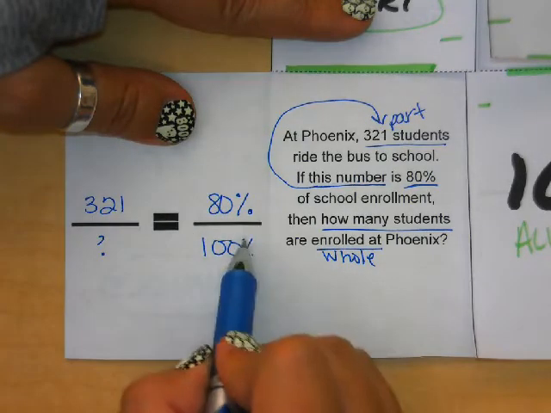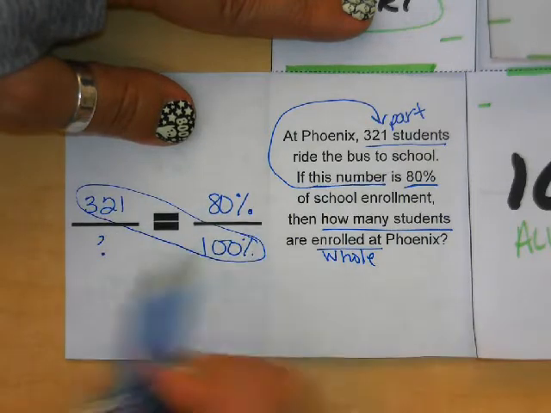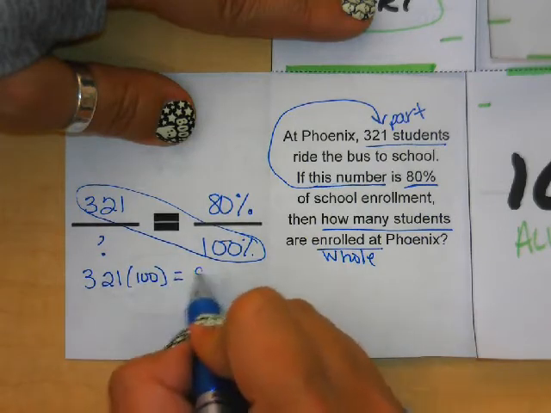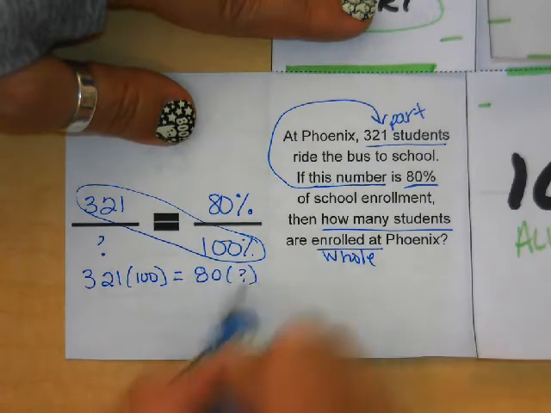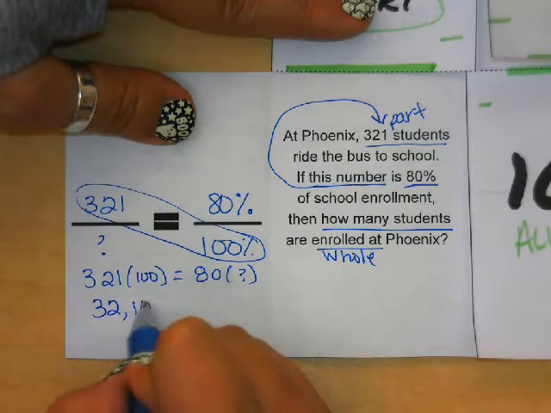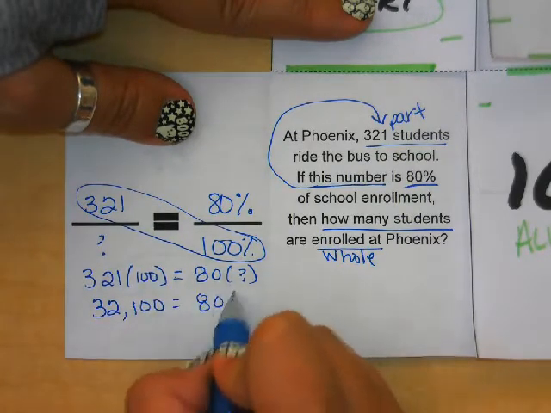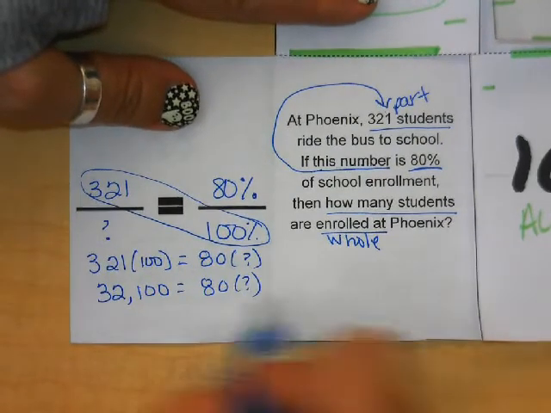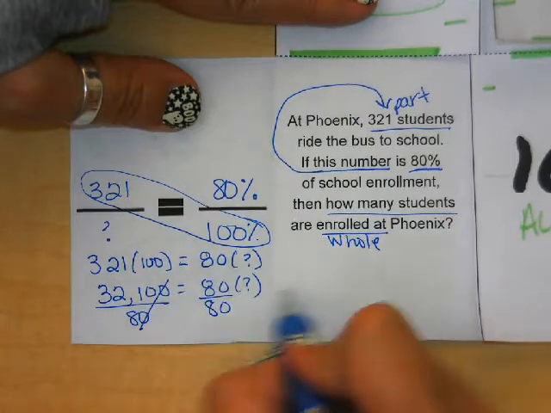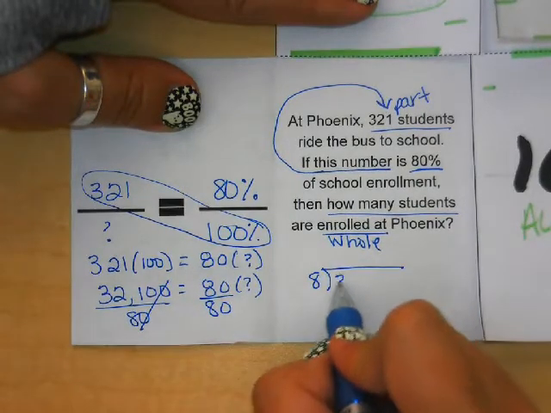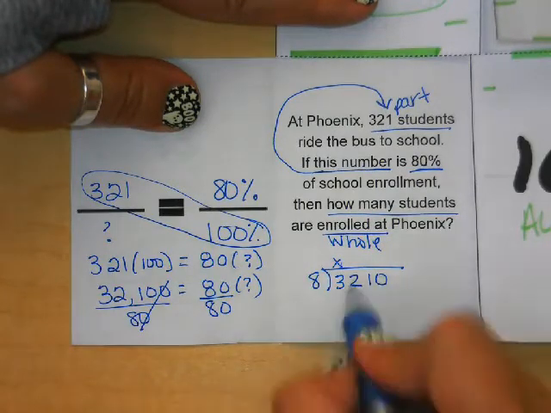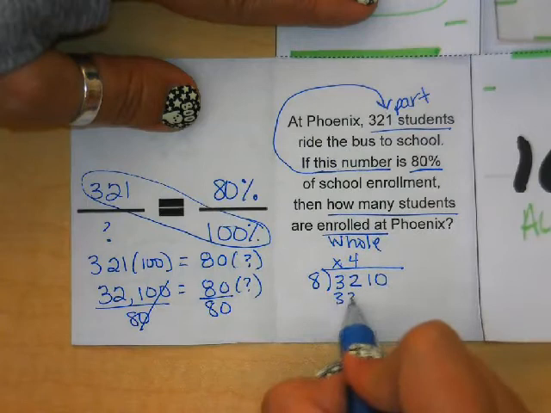So again, not a nice scale factor. So 321 times 100 is equal to 80 times something. 321 times 100 is 32,100. So what times 80 is 32,100? We're going to divide by 80. I can take my zeros off. 8 into 3,210. 8 does not go into 3. 8 goes into 32 4 times.